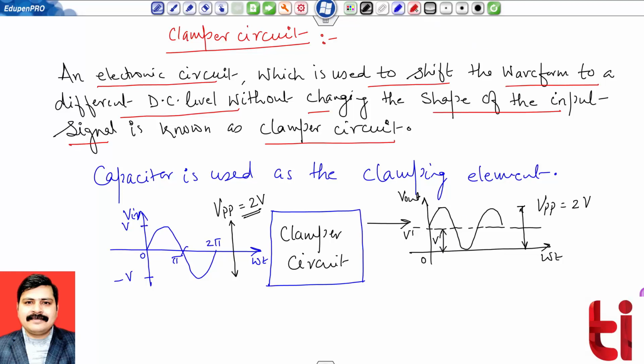Such type of clamping is known as positive clamping. That means the circuit which is used to shift my input signal to the upward side is known as the positive clamper circuit.